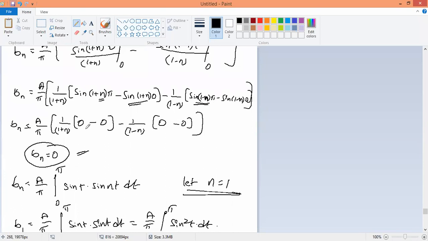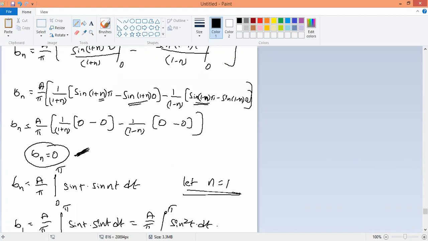So 1 by (1 plus n) into 0 is 0, minus 1 by (1 minus n) into 0 is 0. 0 minus 0 is 0. Then what is a by pi into 0 value? 0. So bn value is 0.